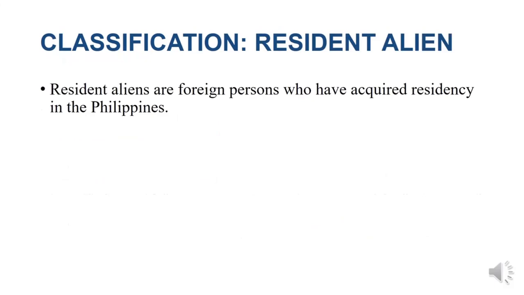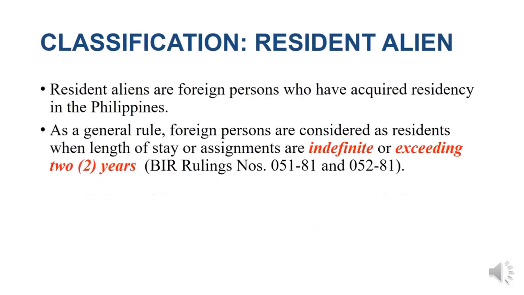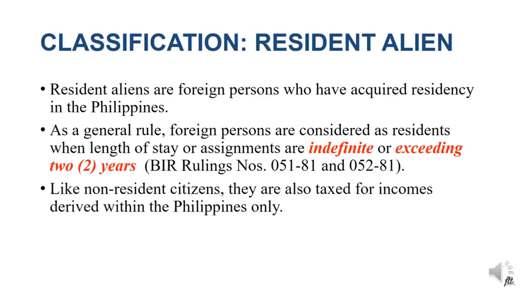So as a rule, foreign persons are considered residents when the length of their stay or assignment in case of work is indefinite, or those who have resided for exceeding 2 years under BIR Rulings No. 051-81 and 052-81. Okay? So 2 years.